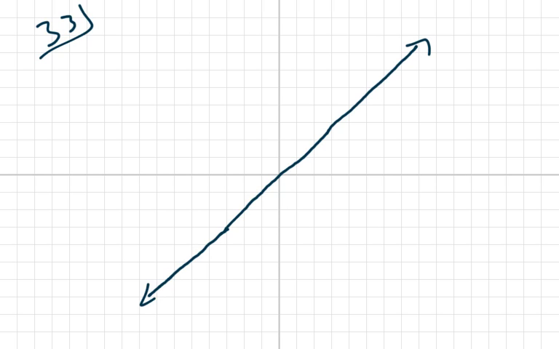Alright, and they gave you -1, -1, which was here. And they also gave you 2, 1, which is about here. And they did something like this.